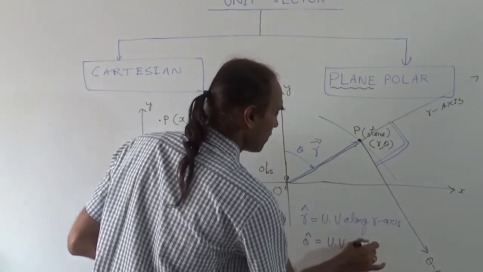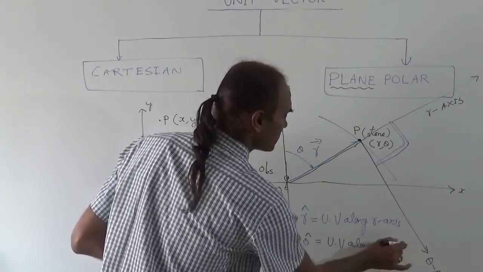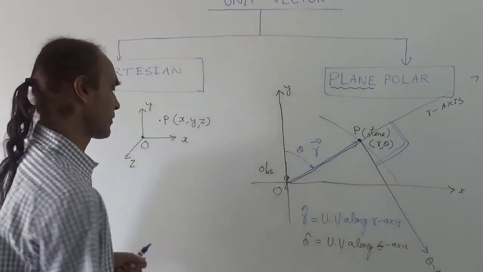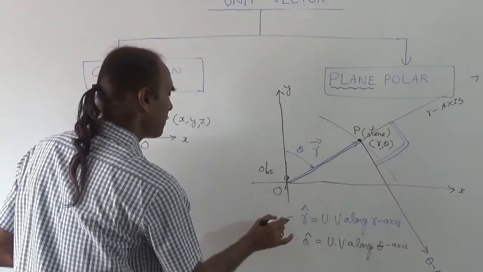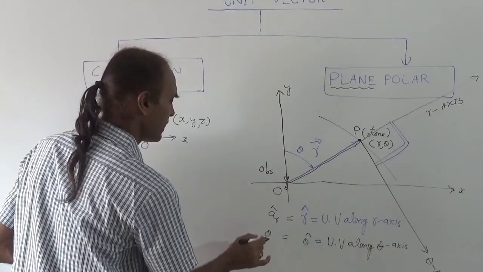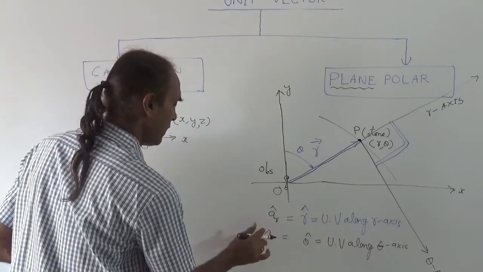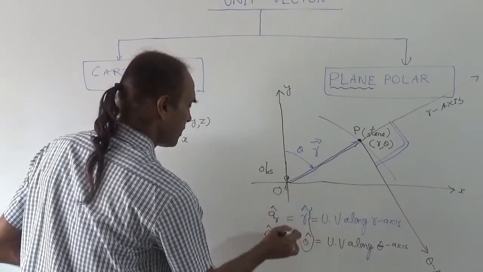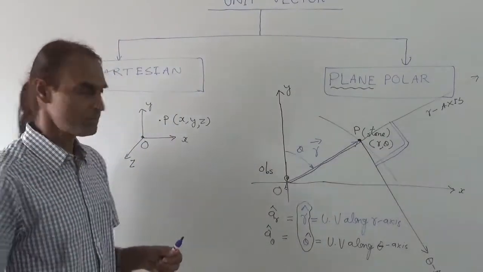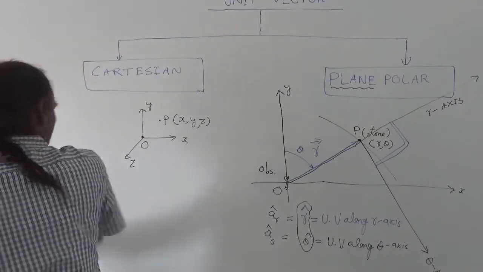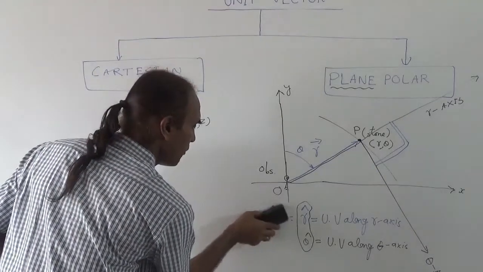R cap can also be written as a_r, and theta cap can be written as a_theta. But I prefer these two notations. Let me remove these two.